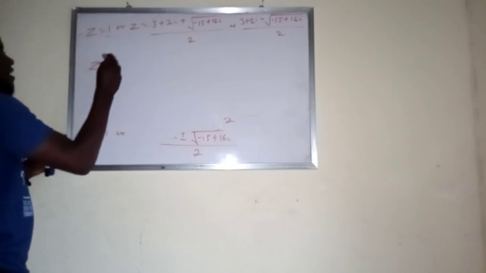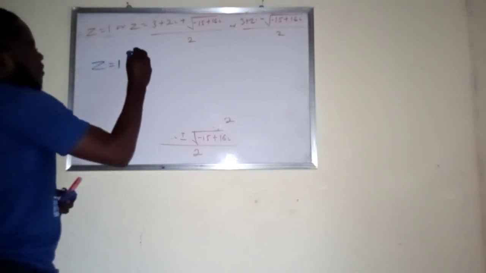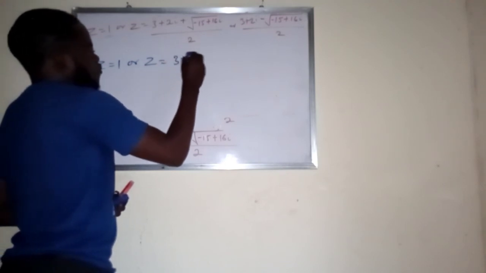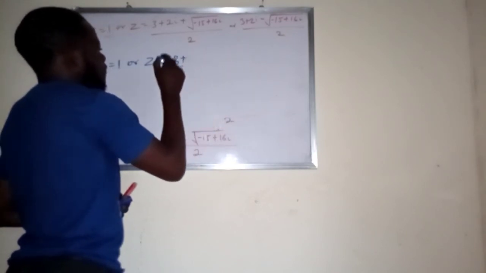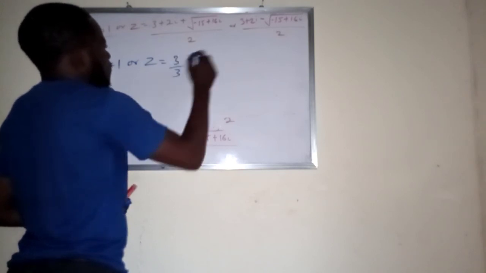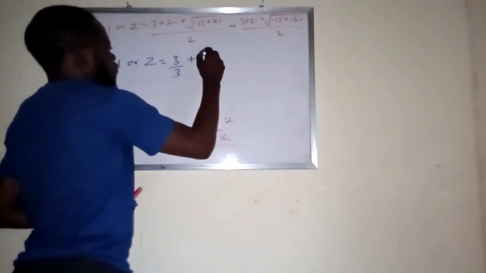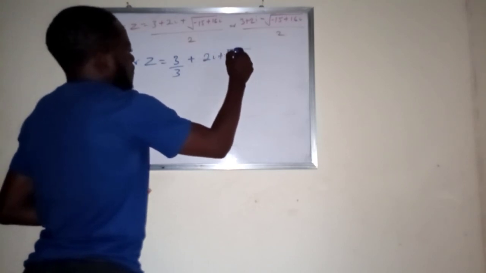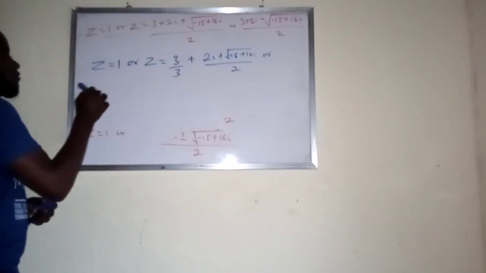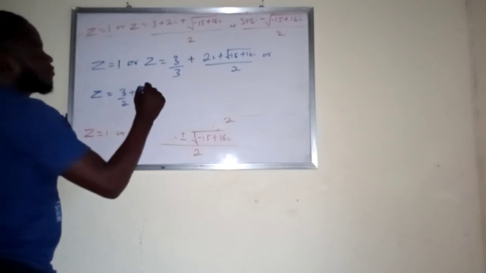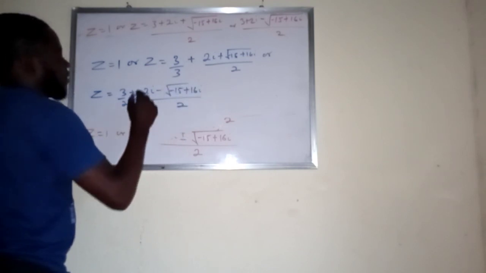Our values are z equals 1, or z equals 3 over 2 plus 2i, plus the square root of minus 15 plus 16i all over 2, or the third one, z equals 3 over 2 plus 2i minus the square root of minus 15 plus 16i over 2.